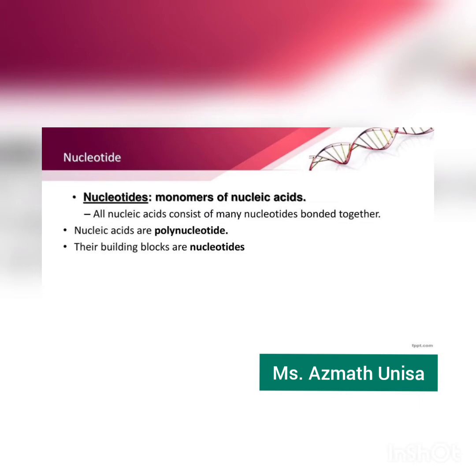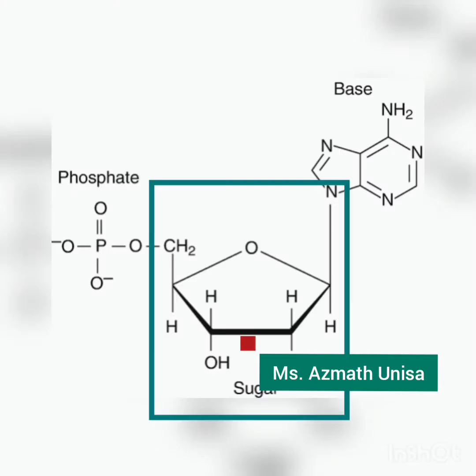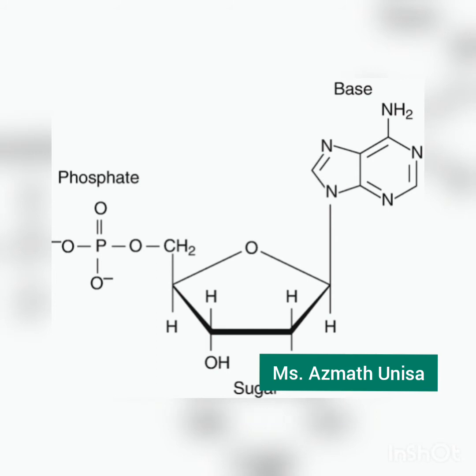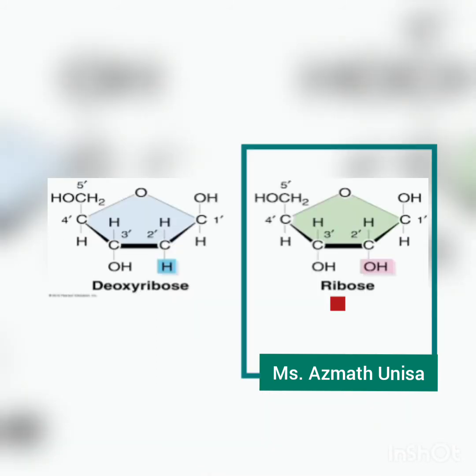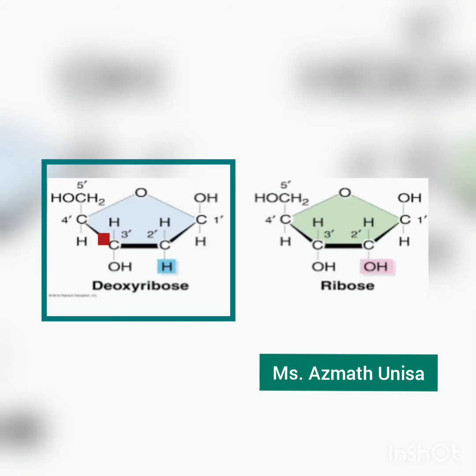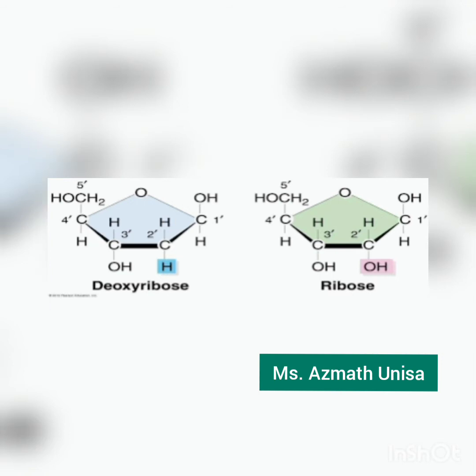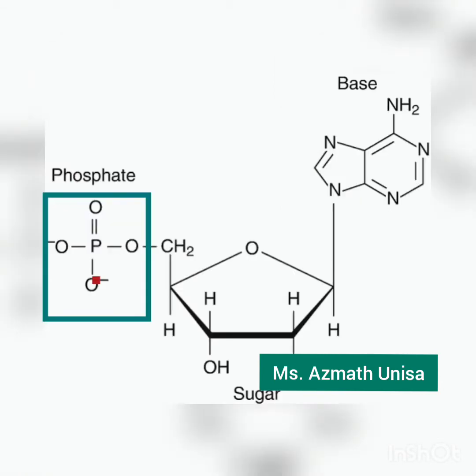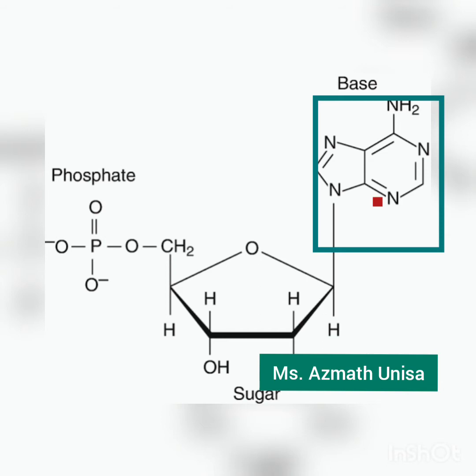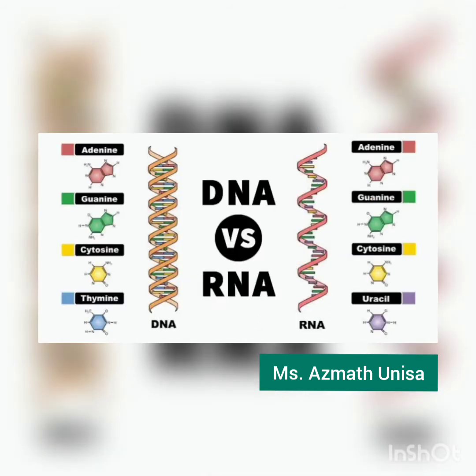A nucleotide is a basic building block of nucleic acid. RNA and DNA are polymers made up of long chains of nucleotides. A nucleotide consists of a sugar molecule, which is either ribose in RNA or deoxyribose in DNA, attached to a phosphate group and a nitrogen-containing base.